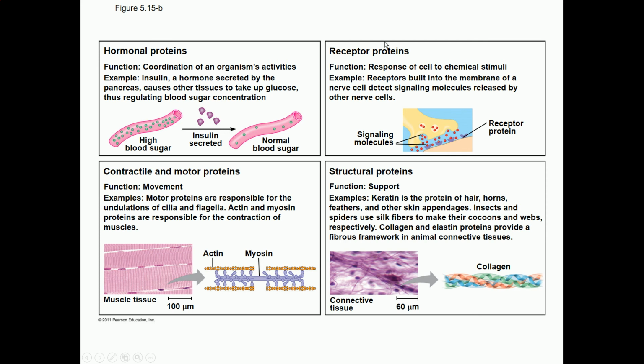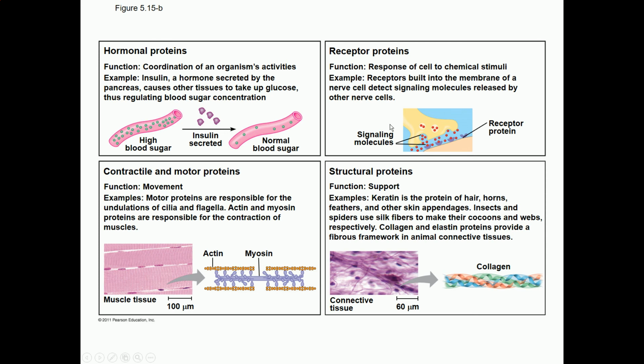Then receptor proteins. There are a lot of proteins which are present outside our cells. They are embedded in the membrane. They basically receive signals from the environment, and when they receive signals, they can cause various changes inside our cells.